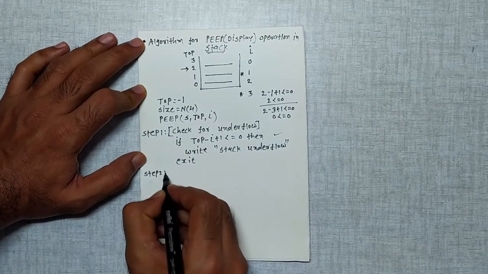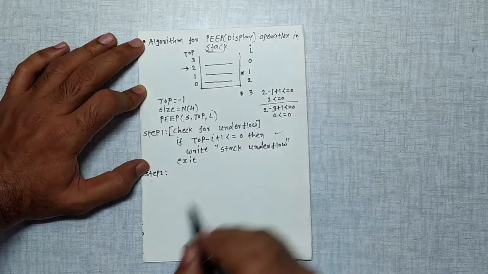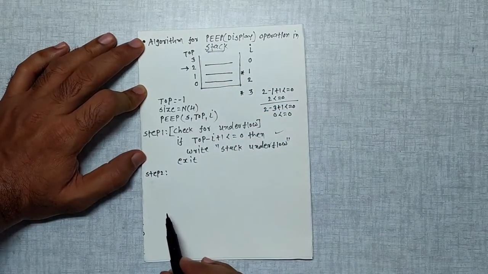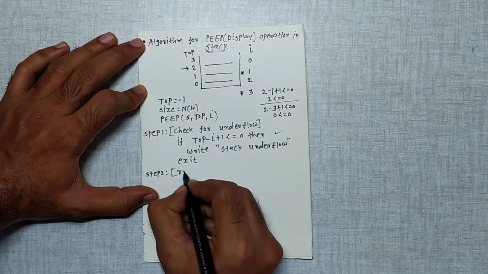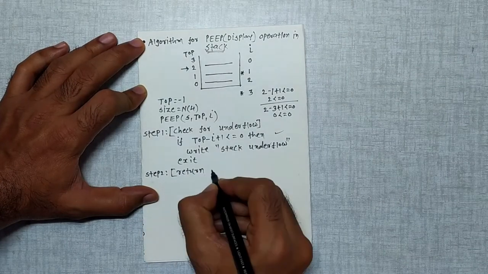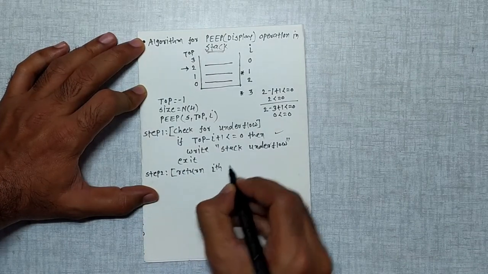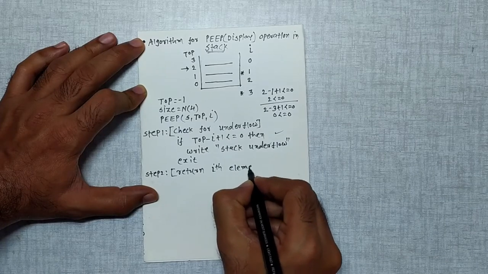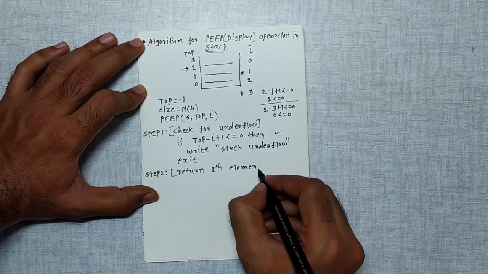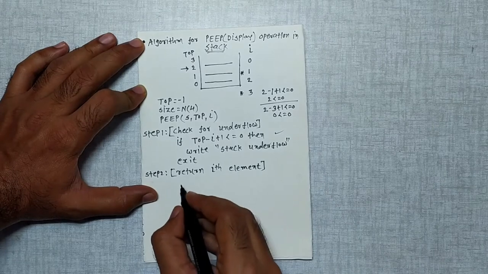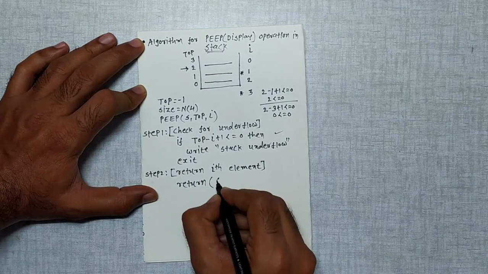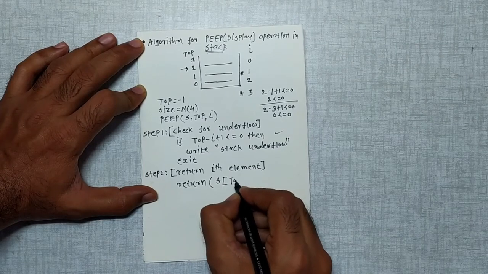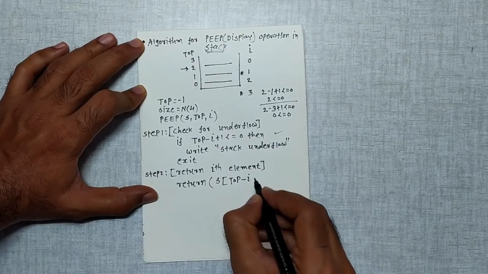Now in step 2, if your stack is not underflow, we can perform the simple display or peep operation. So return the ith element. For that, return s of top minus i.